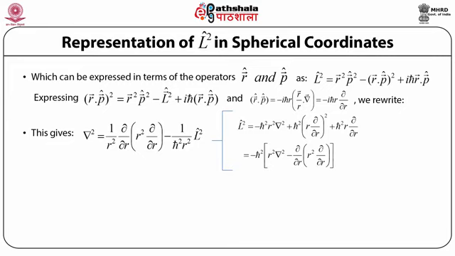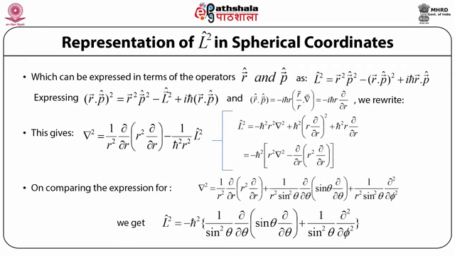And this can be written as minus h cross square within brackets r square del square minus partial differentiation with respect to r times within brackets r square partial differentiation with respect to r, bracket close.